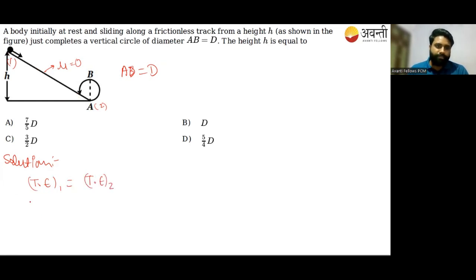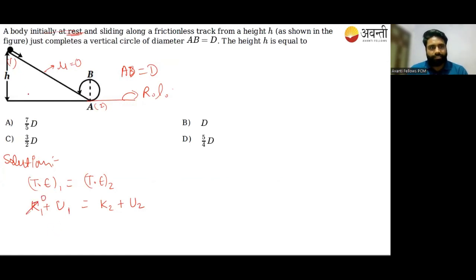Total energy means kinetic energy plus potential energy of spot 1 equals the kinetic energy and the potential energy of spot 2. This is the reference line R for the potential energy. Initially it has zero kinetic energy because the body is initially at rest. So the kinetic energy initially is zero.